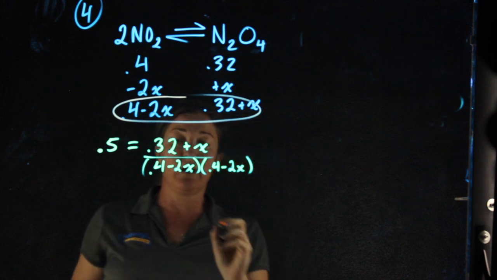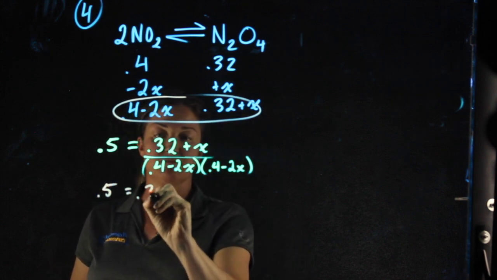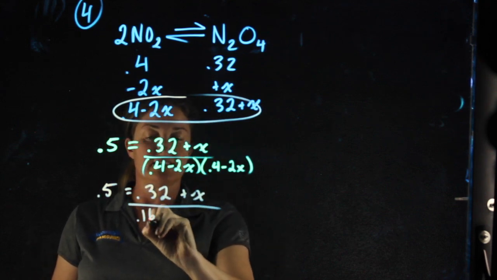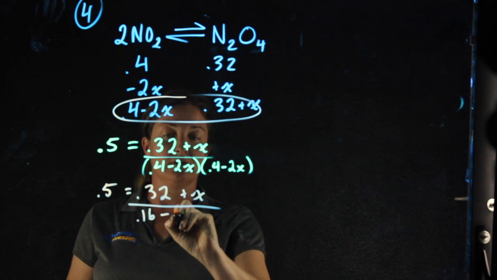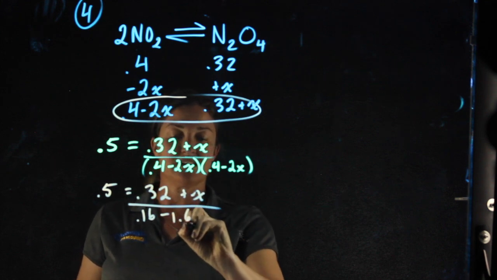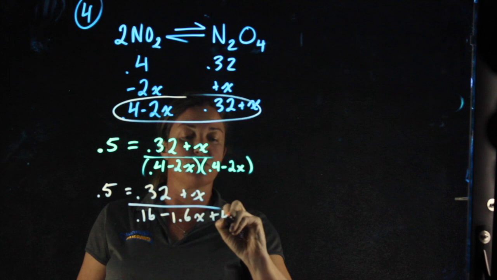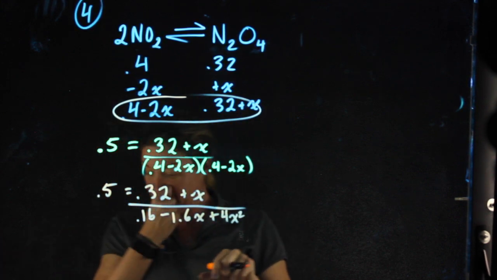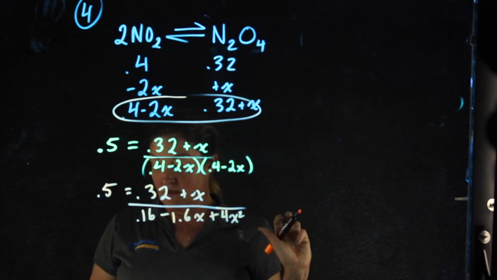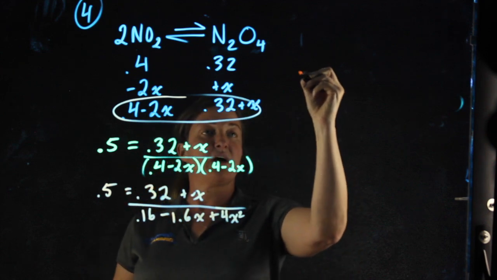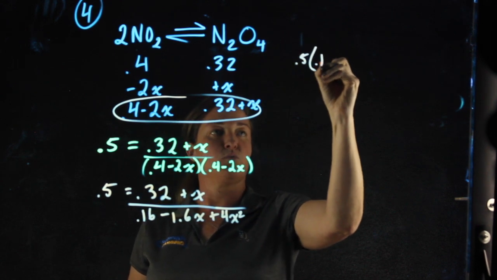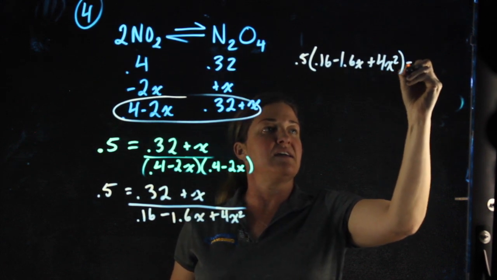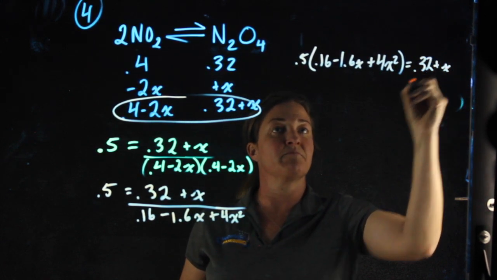Now I'm going to FOIL the bottom. So I'll have 0.5 equals 0.32 plus x over 0.16 minus a total of 1.6x plus 4x squared. Now I'm going to bring this across, so I have 0.5 times 0.16 minus 1.6x plus 4x squared equals 0.32 plus x.